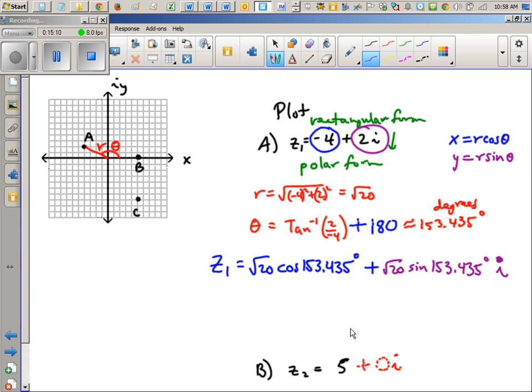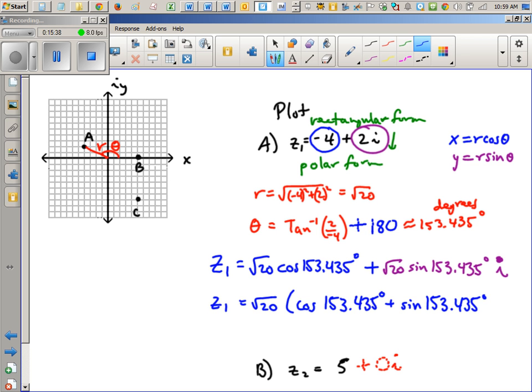Okay, and then here's a couple little traditions that we have. One is these both have a root 20. So we'll pop that out. Pull out the root 20. That way we don't have to write it twice.